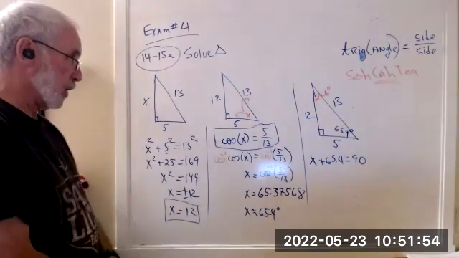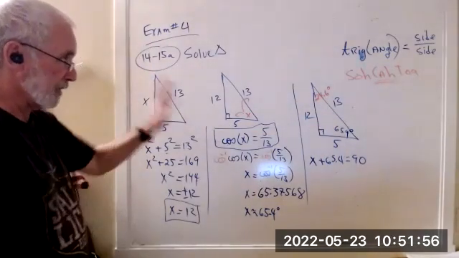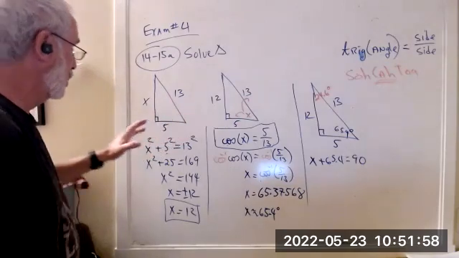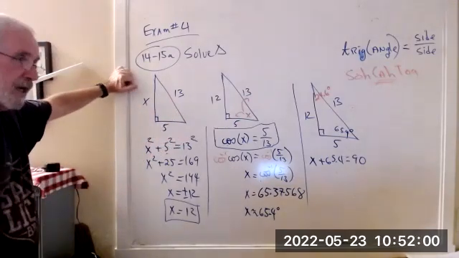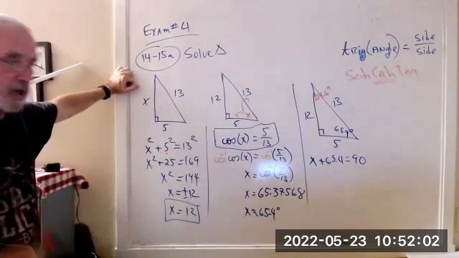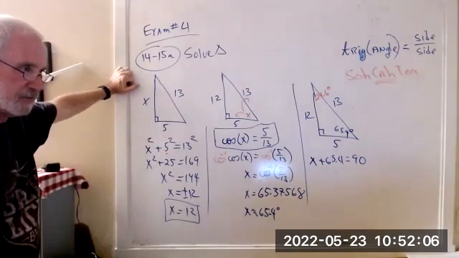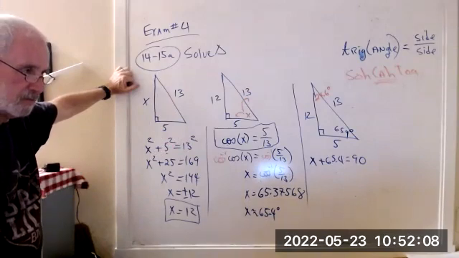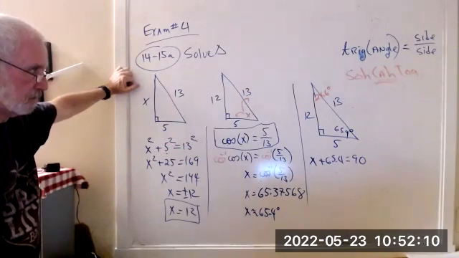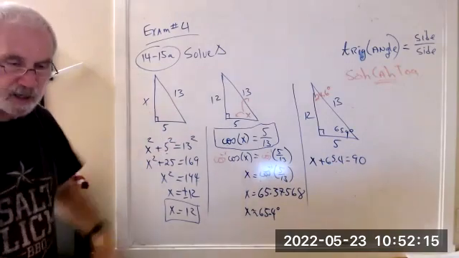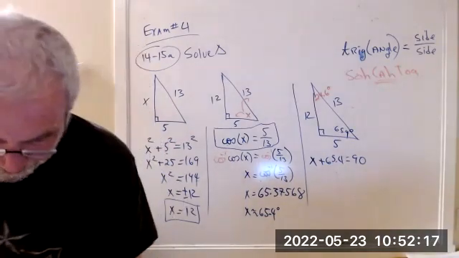Now I'll do the other one in just a second, but I'm going to have to erase this. Any questions on any of my work, any of the logic? Why did I do a certain step? Any questions there? Okay, then I'll erase and do the other one.